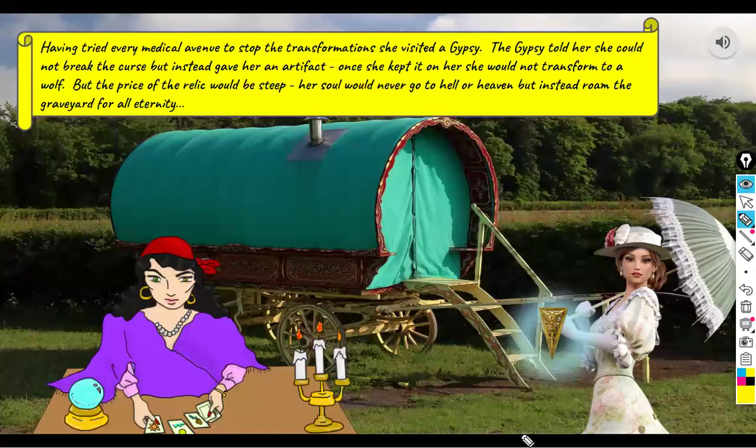As long as she always kept it on her, she would not transform into a wolf. So Joanne needs to always keep that on her. Otherwise, she will turn into a werewolf at full moon. But the price of the relic would be steep. Her soul will never go to hell or heaven, but instead roam the graveyard for all eternity.